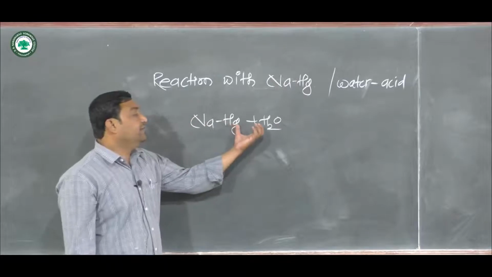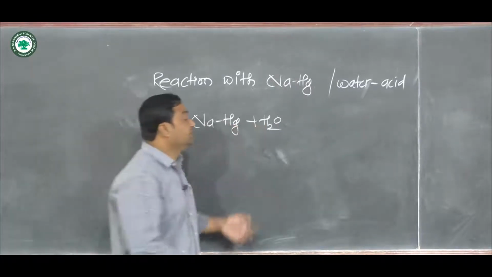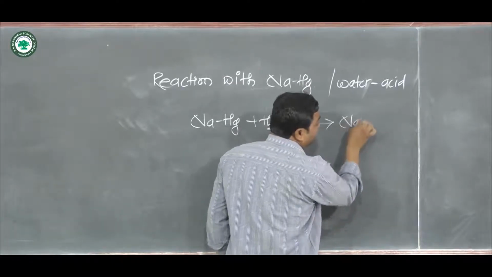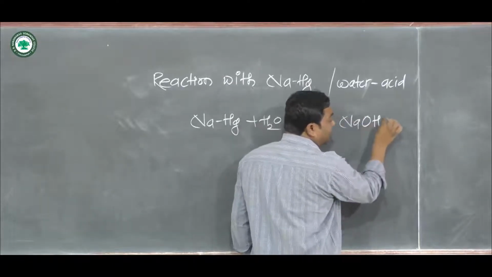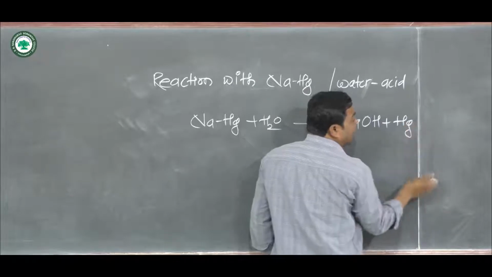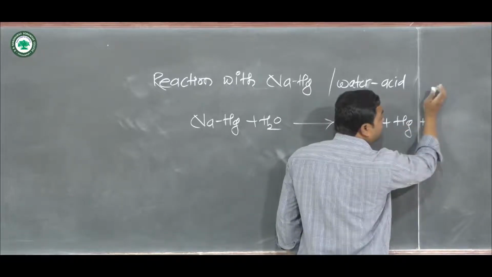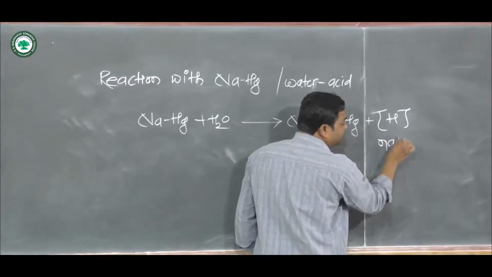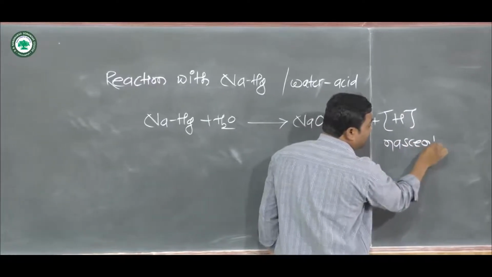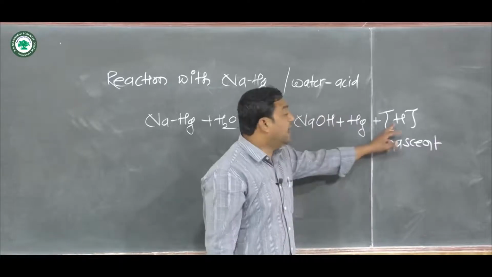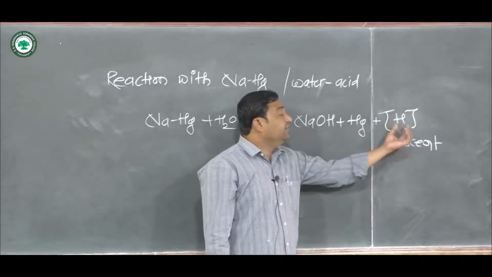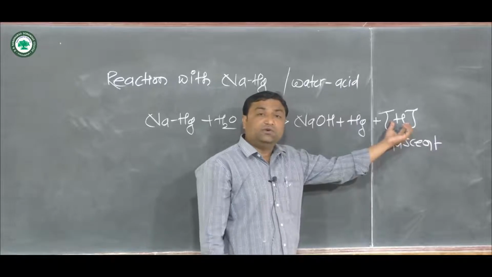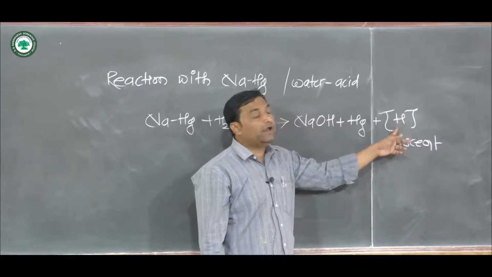the reaction between these two gives NaOH, mercury and nascent hydrogen. Now, this nascent hydrogen will be used to reduce aldehyde or ketone.